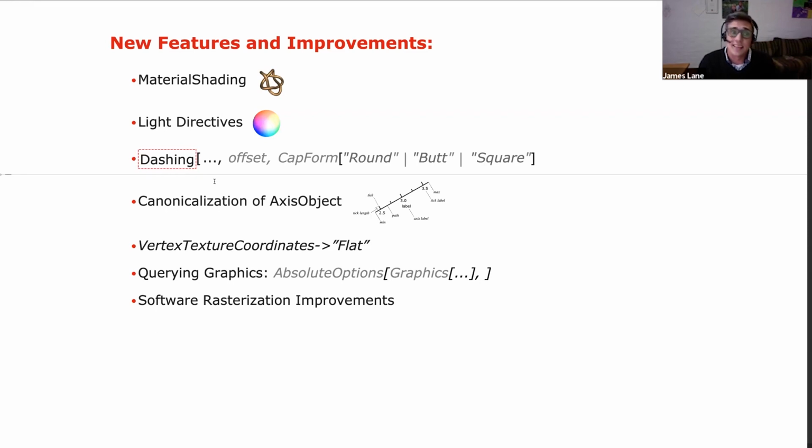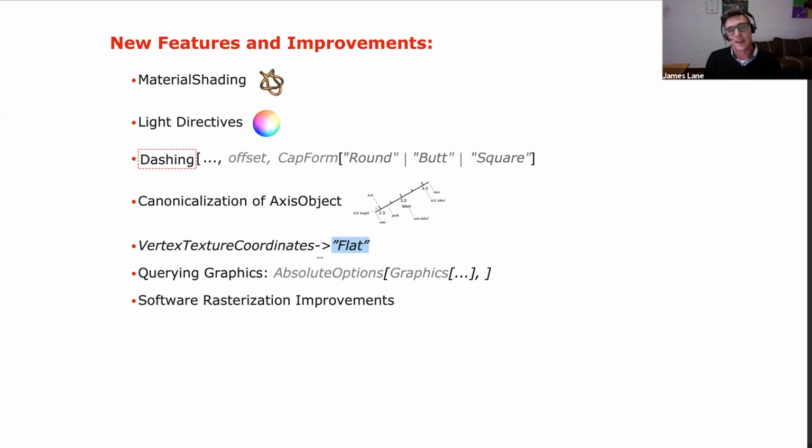There's new functionality that I'll be introducing, new offset and cap forms for dashing. There's the finalization of AxisObject so that it's in the canon of Mathematica. It's no longer experimental. Also a new named VertexTextureCoordinate specification for being able to do screen space vertex texture coordinates.